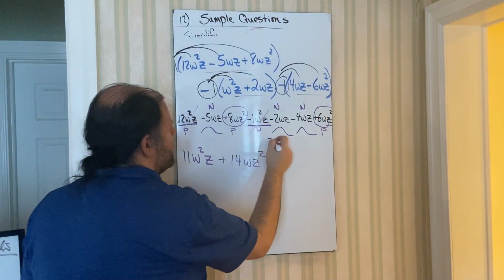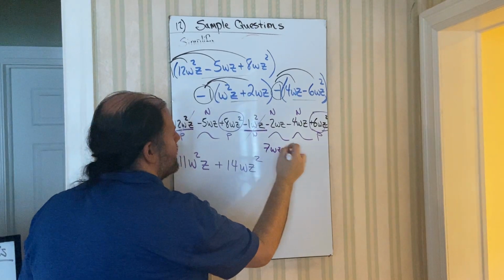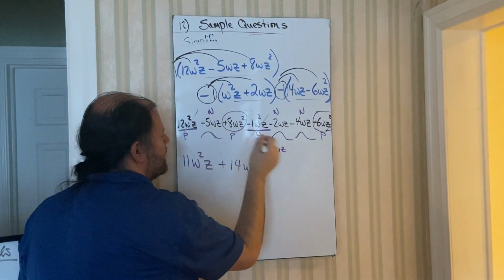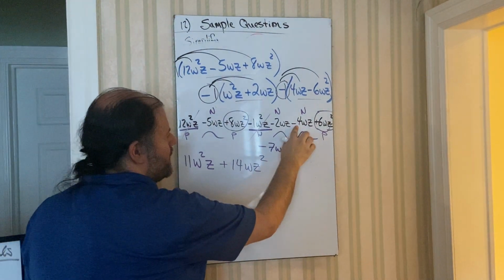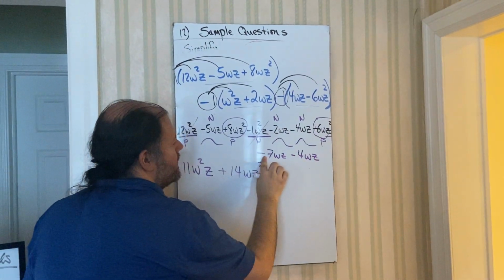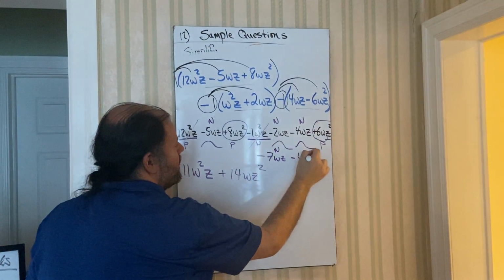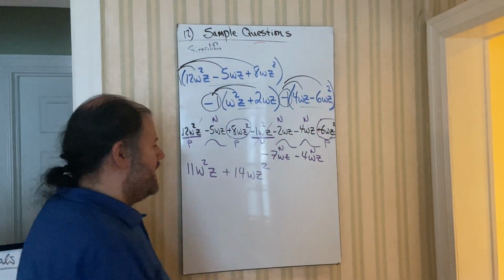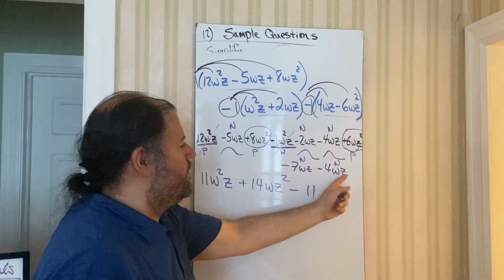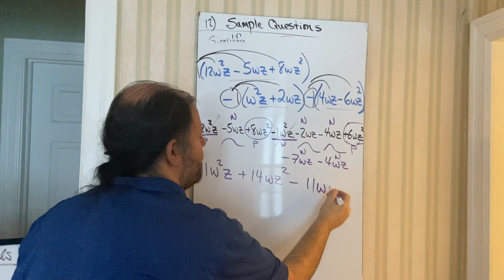We get 7wz, negative, negative. Remember, team 5 wins, so it's negative. And then when I bring this down, negative, negative, we add those two. So we're going to get a -11wz, remember, keeps the same wz.